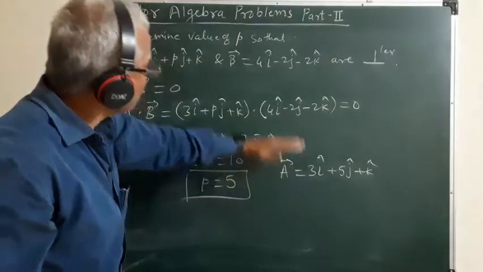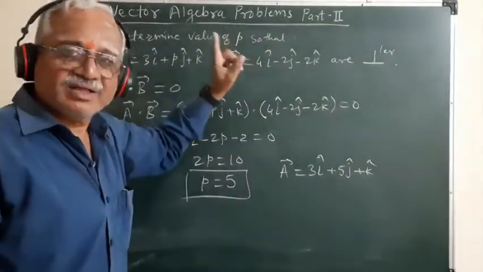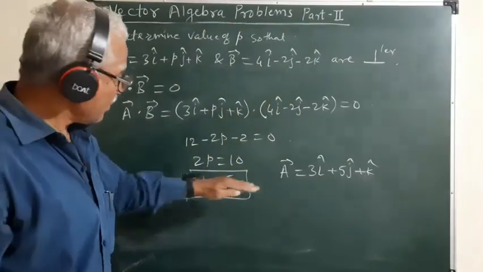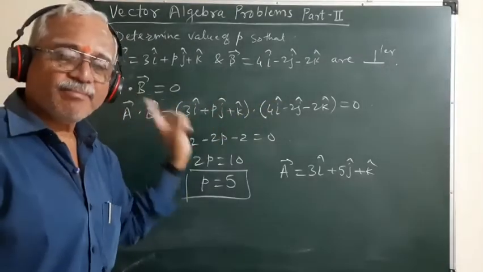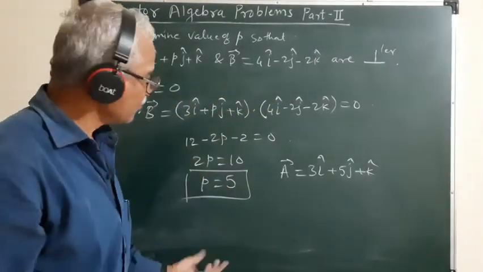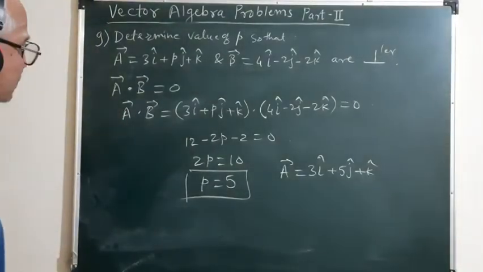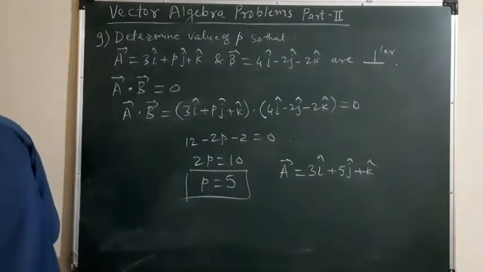If we evaluate the dot product of this A bar with this B bar, it must be equal to 0, because for this particular value of P, the two given vectors will be perpendicular to each other. So that is how we can find the value of the constant used in the expression of the given vectors, either A bar or B bar.